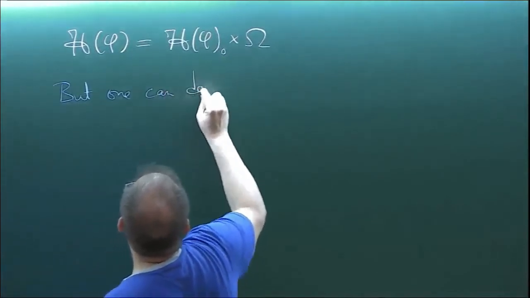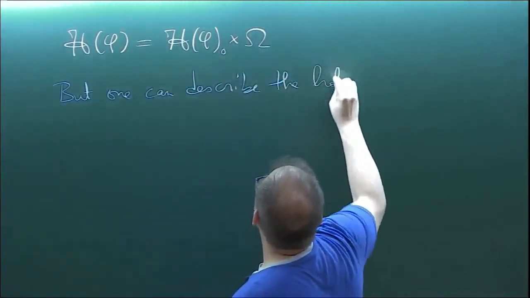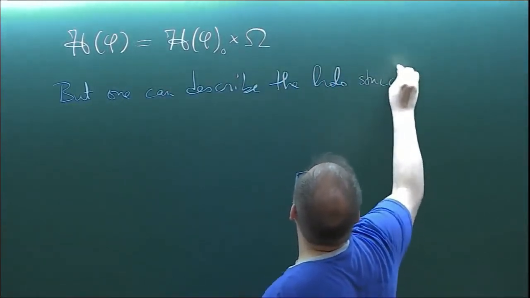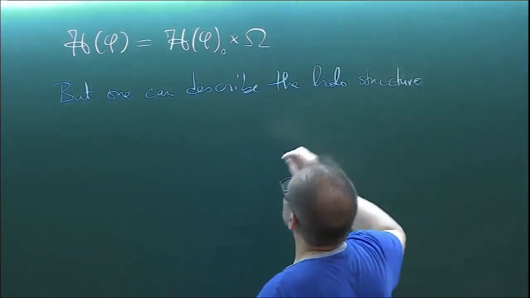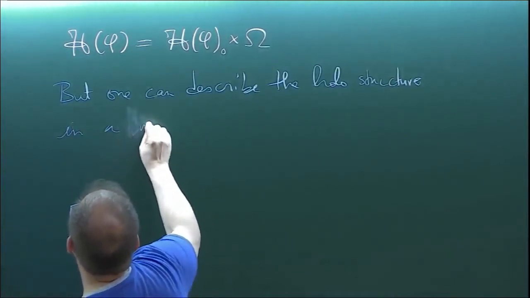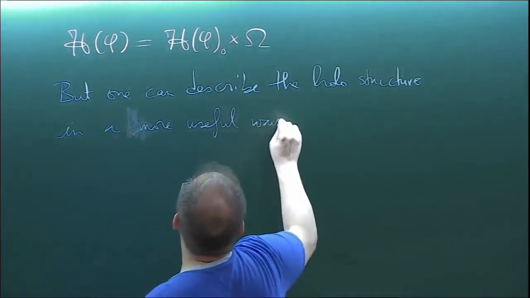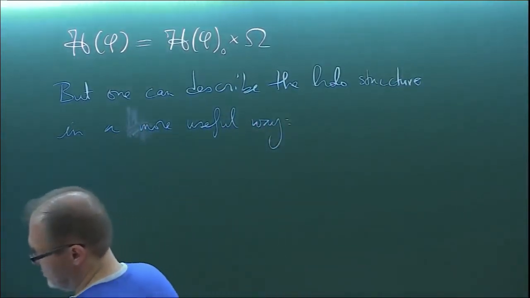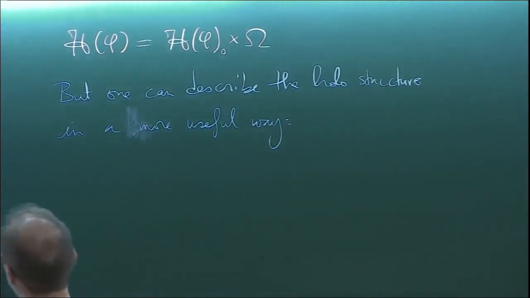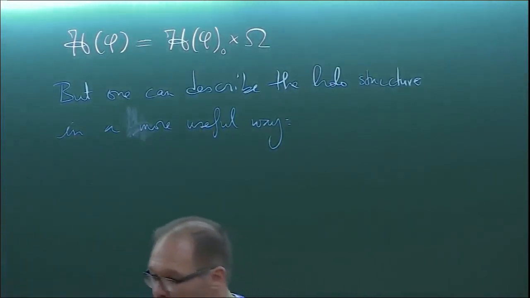One can describe the holomorphic structure in a better, more useful way. So I'm going to make this the definition of the holomorphic structure, but it's a theorem to prove that this is a trivial holomorphic vector bundle.